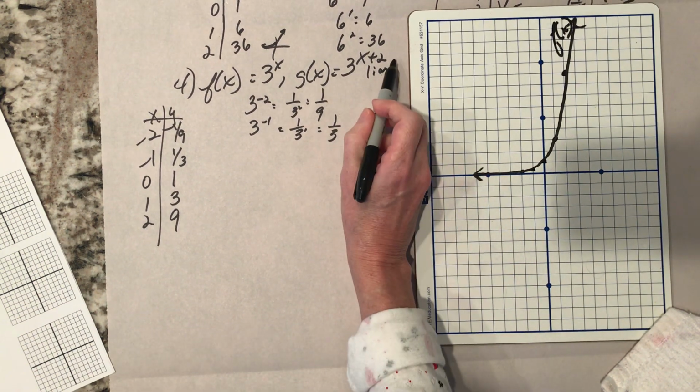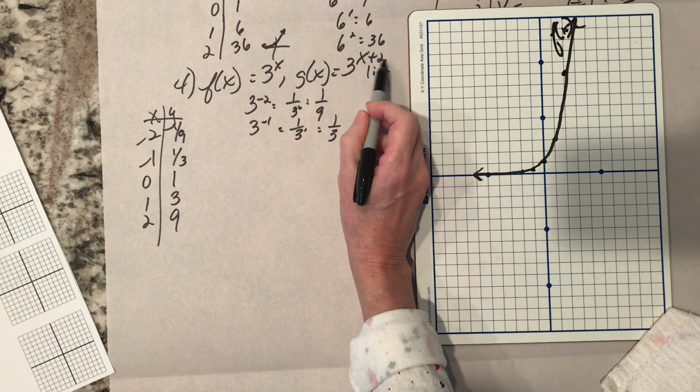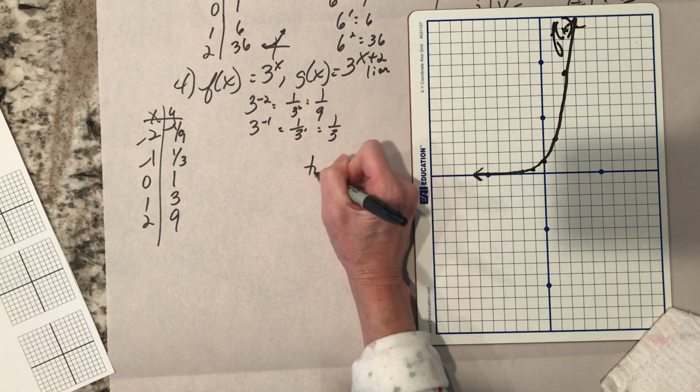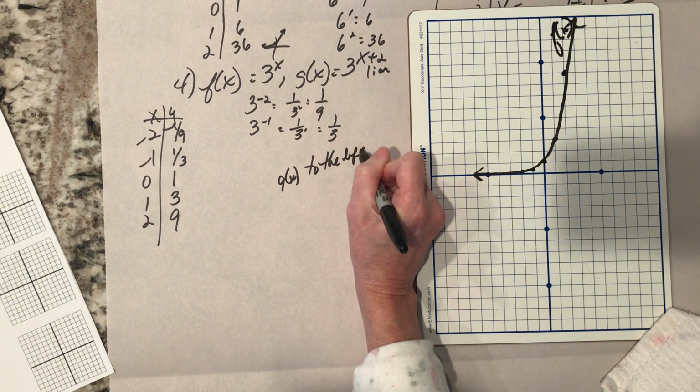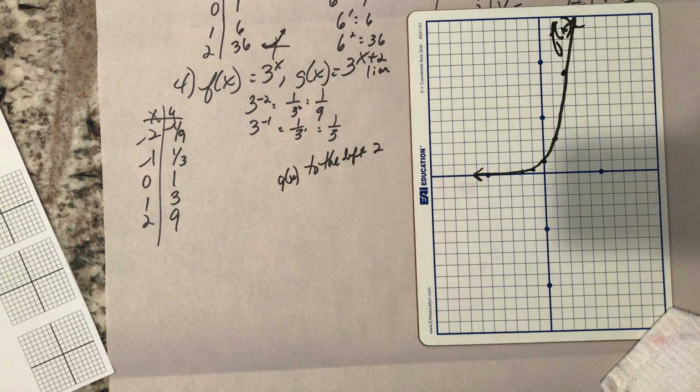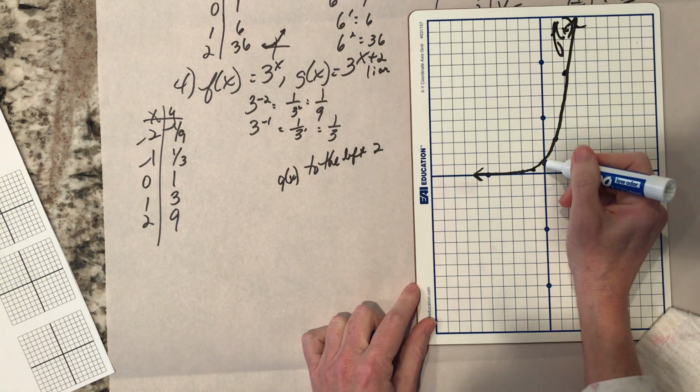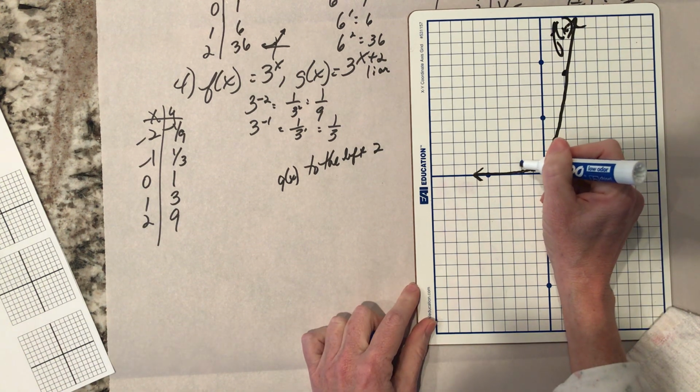There is no number out here, so we're not going up and down on that, just to the left 2. So we're just shifting this. G of x is to the left 2 units. So the belly button moves to the left 2 units.